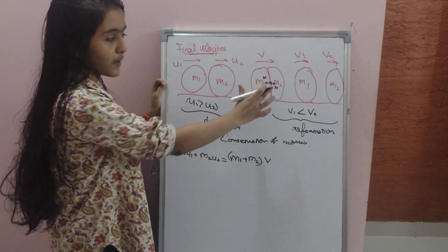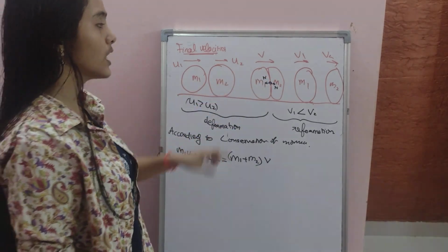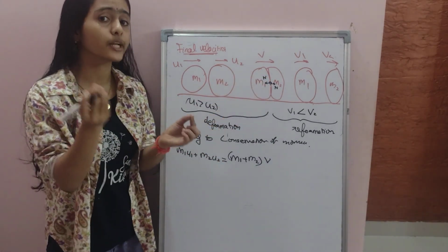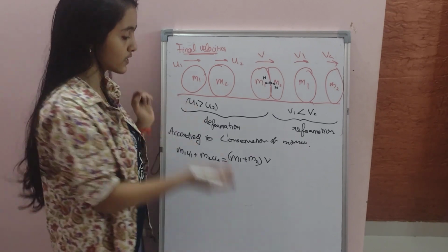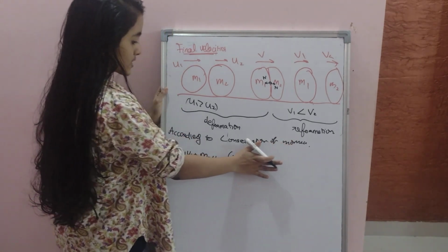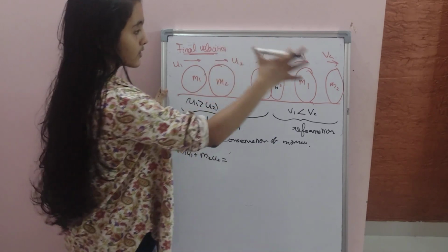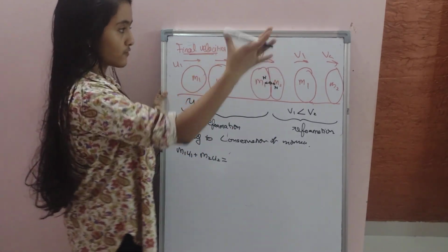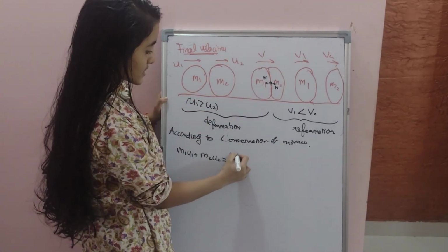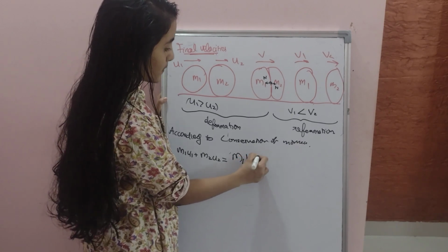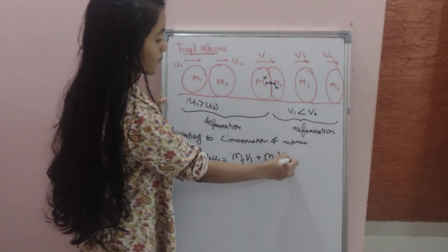We do not consider this middle part because collision takes place only for a small interval of time, so it is okay if we don't consider it. We can just consider the velocities before collision and after collision. So after collision it is m1v1 plus m2v2.